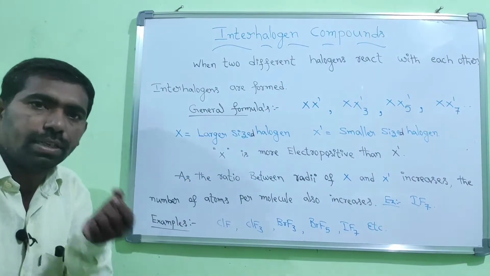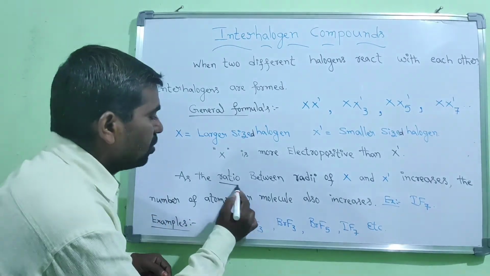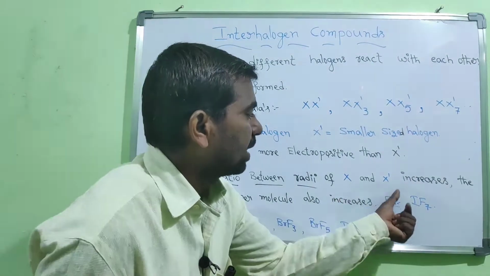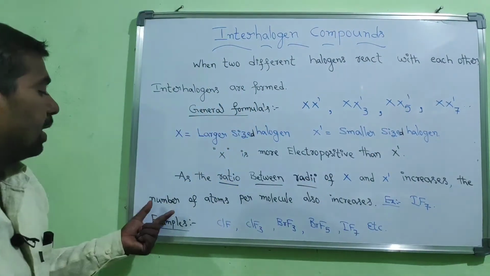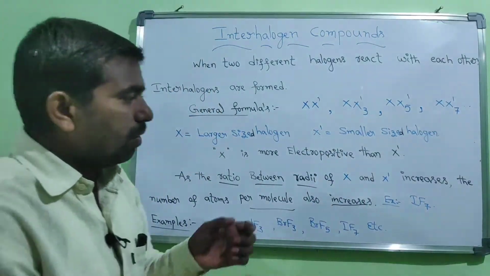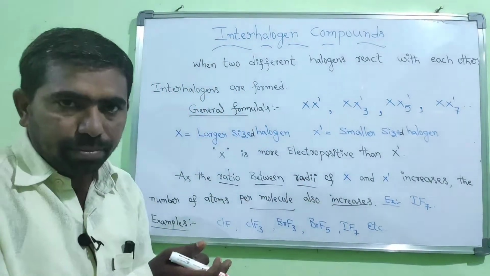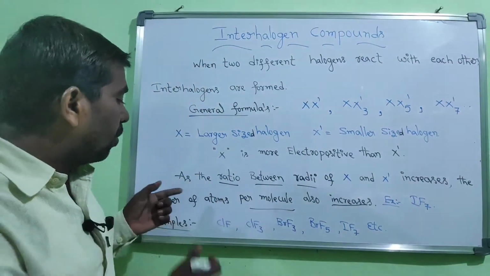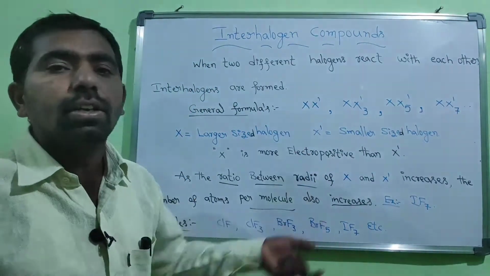Here is one statement: as the ratio between the radii of X and X' increases, the number of atoms per molecule also increases. So when there is a bigger difference in the radius of X and X', the number of atoms per molecule also increases.